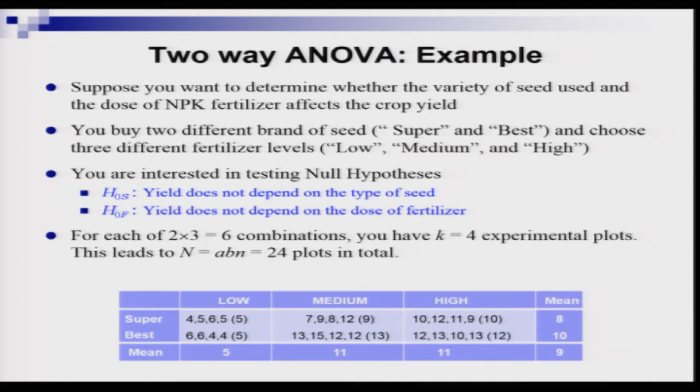Now, let us come back to the experiment again. I have already explained that there are 6 possible combinations of levels from two factors, and let us now assume that the agricultural scientist, or you, have decided to have some number of plots, and there you are going to apply a particular combination out of these 6 combinations, and the rest are going to be kept at the same level.